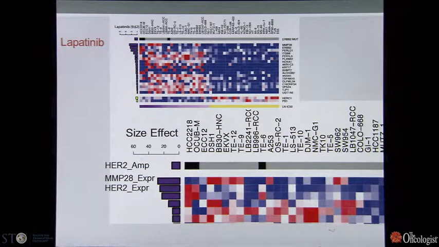So one of the things that we see first is that a lot of these responses, a lot of this signature of sensitivity, I should say, of correlates of sensitivity that we extract from these approaches, are actually containing a lot of expression variables. In other words, we certainly have strong influences of mutation, but high at the top of this list that have strong effect, we see strong influences of expression features.